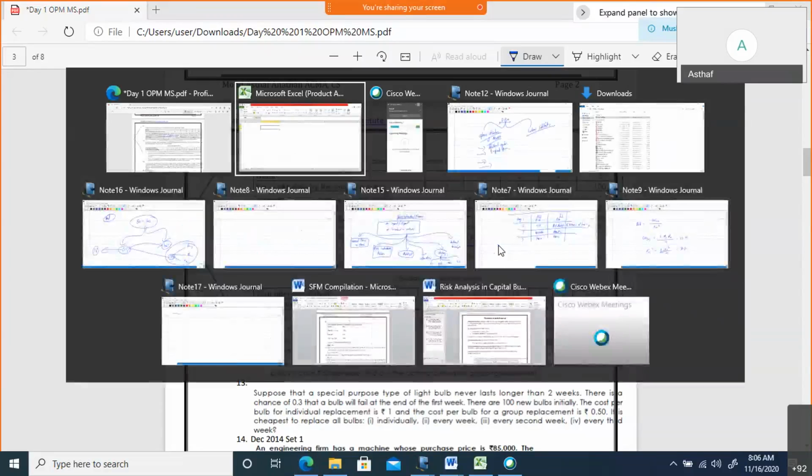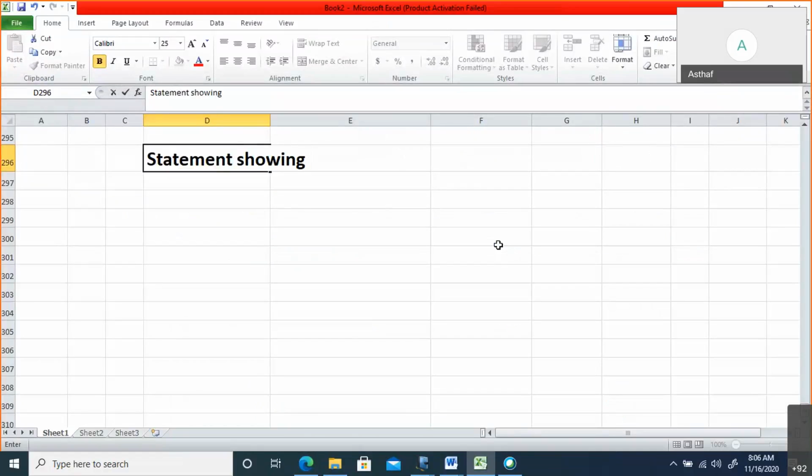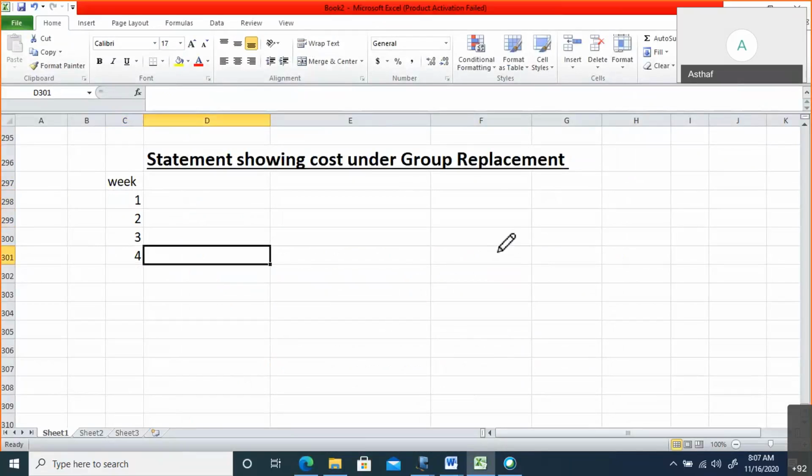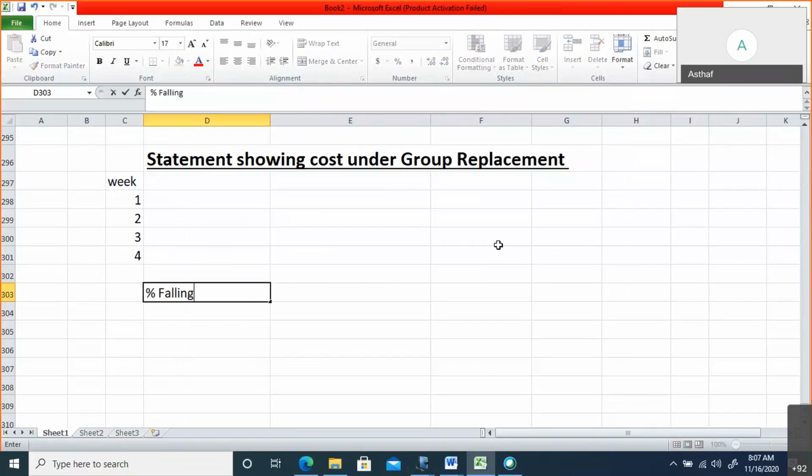We will do group replacement. The first week is 10.